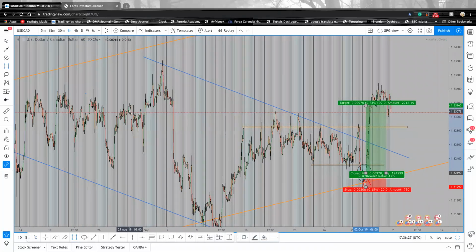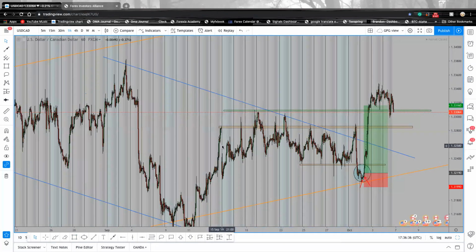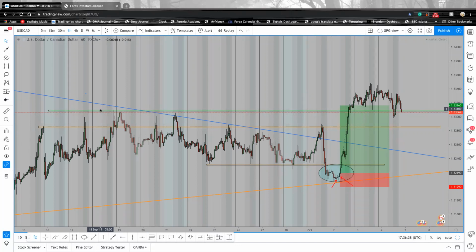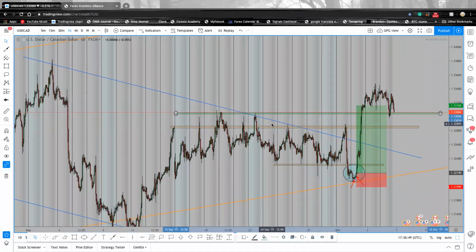Now it's time to look left. This is the first liquidity pool for us. Reason being this support, kind of support resistance here. So they came and just hit the stops above it and then retested it.